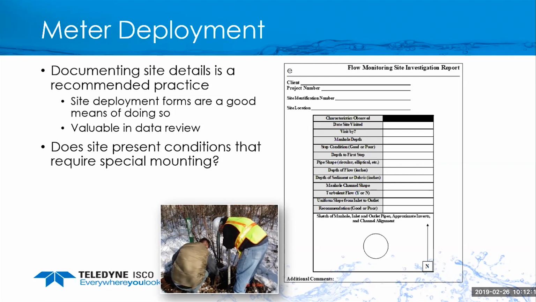Does the site present conditions that require special mounting? So you may want to fill out a form like I have on the right side that just indicates site conditions, as far as what type of pipe, round pipe, elliptical, the signs, the water depth, anything that's going to help out later, because after you start looking at 20 or so sites, it gets a little confusing as to which one you visited.